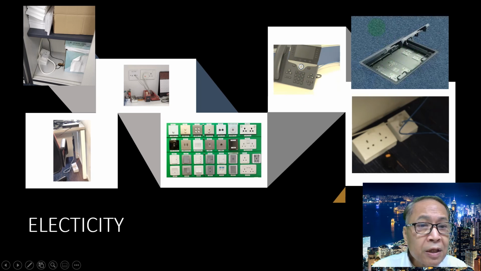This is the socket. This is for a raised floor, a socket box. For the raised floor, this is the LAN port, and this is the socket. For the four socket, we use this kind of socket box. We have to trace the floor for the conduit to use this kind of socket, 4 socket.